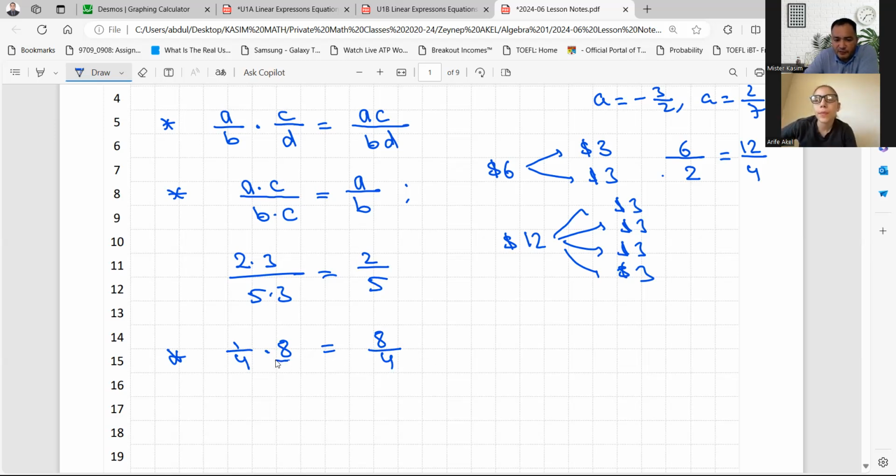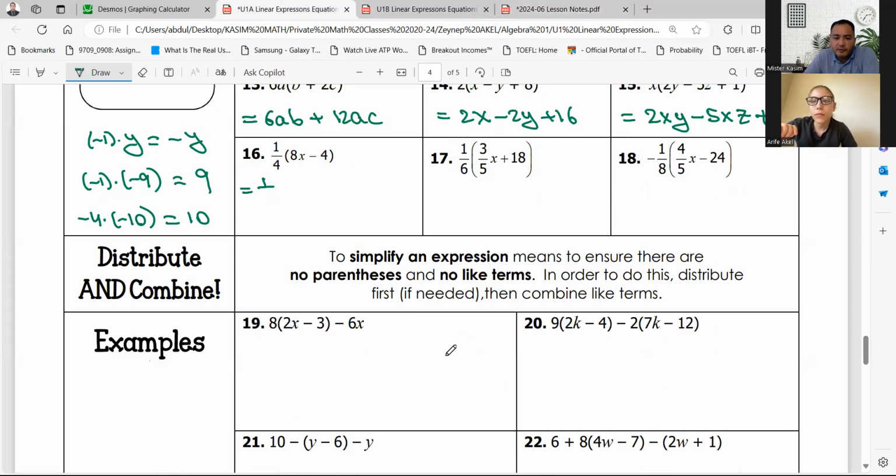Actually, you don't have to, but mentally you can do this. So 1 times 8, 8, 4 times 1, 4, right? So 8 divided by 4 is equal to 2. So here, 1 over 4 times 8, you can just write like 1/4 of 8, that is 2.